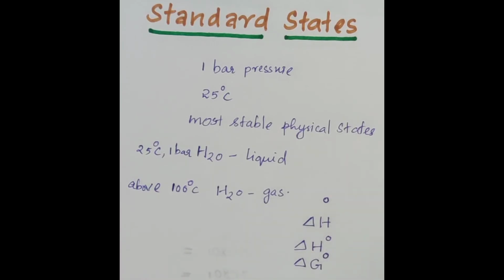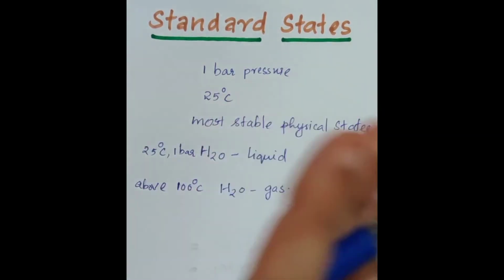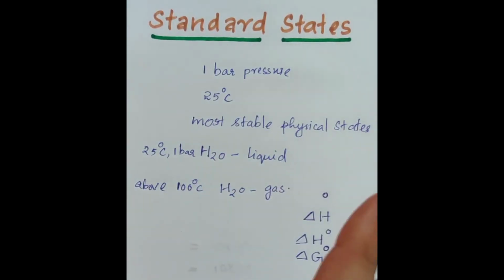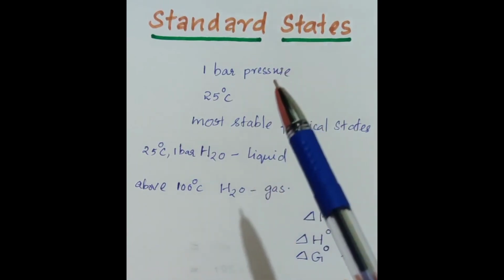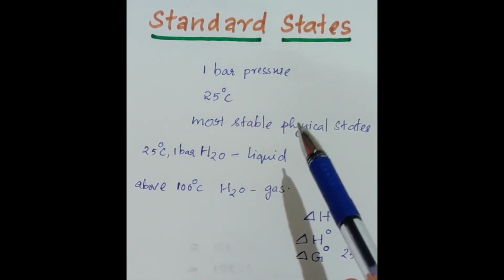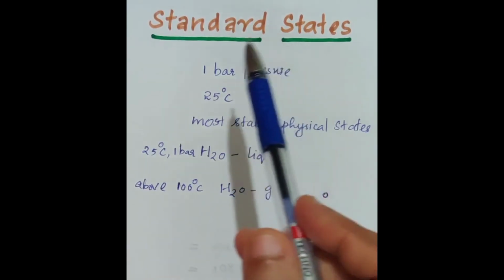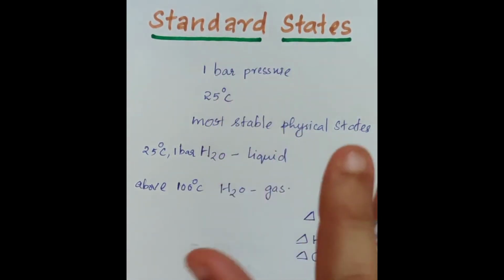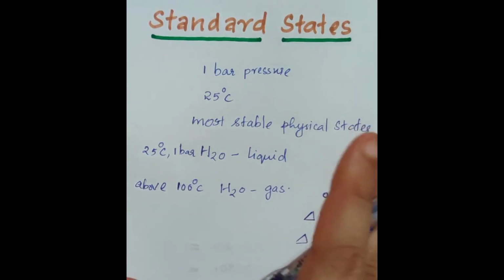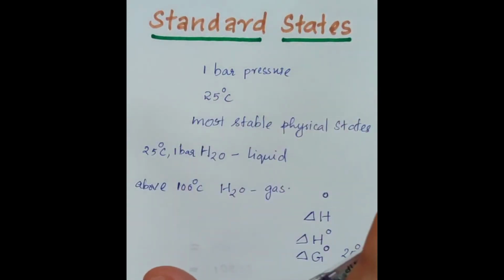Here we discussed the standard state. The standard state of a substance at a specified temperature is its pure form at 1 bar pressure and at 25 degrees Celsius, for all substances.